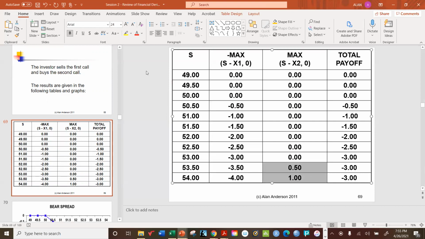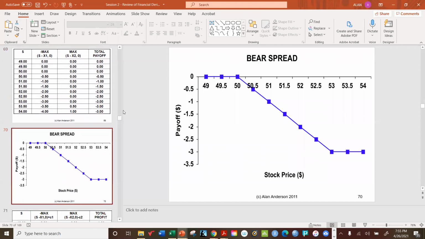The payoffs alone range from 0 to minus $3, which doesn't look very promising, does it? It does not. So let's see what this thing looks like. Oh, what do you know? It's basically the upside down version of the bull spread.